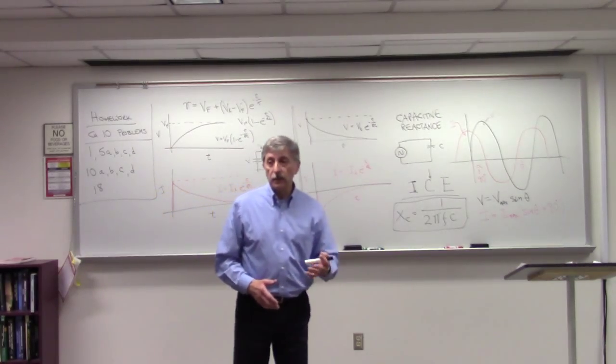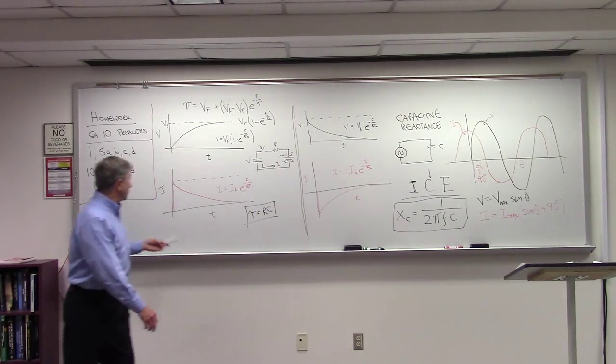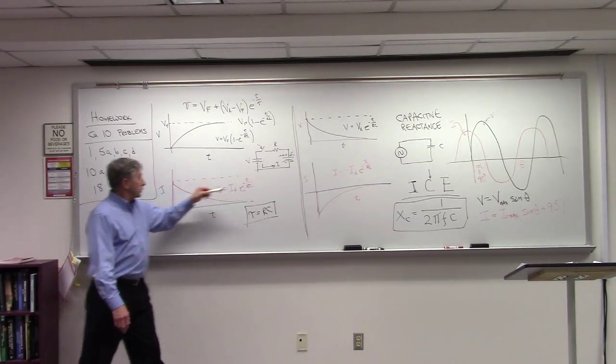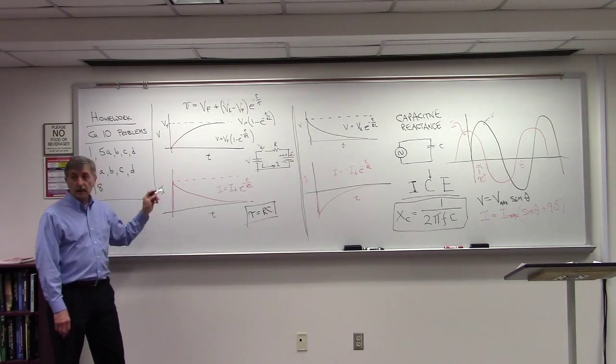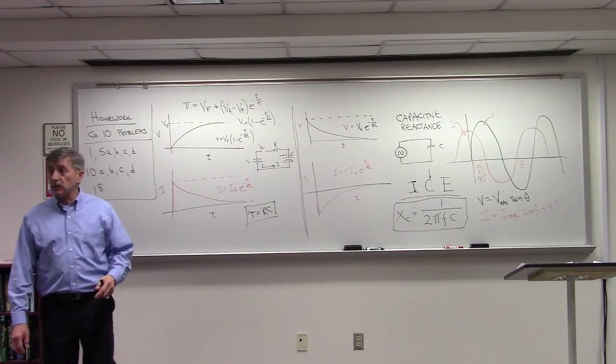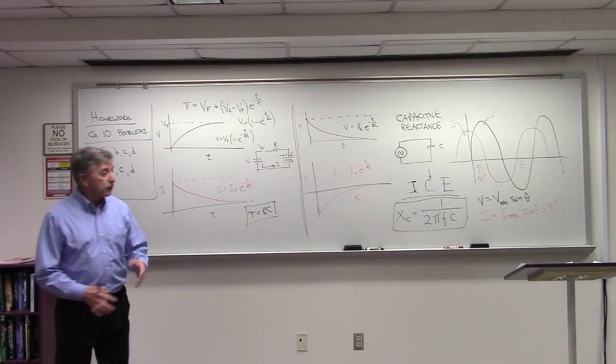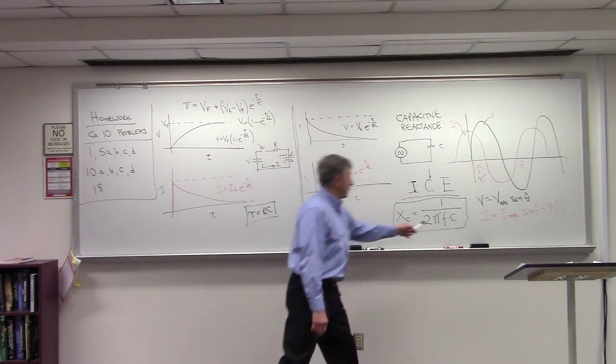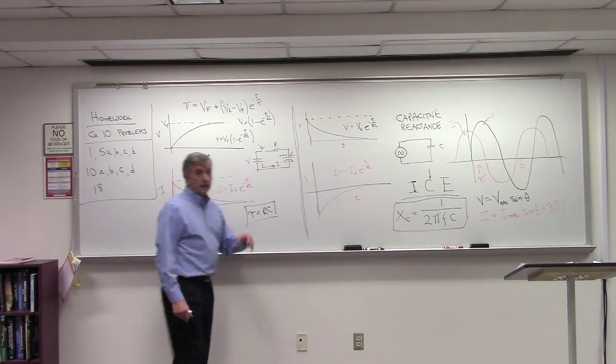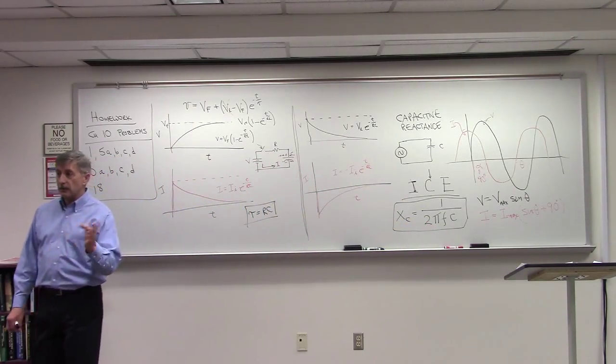Remember that as soon as you throw that switch, the current hits a maximum. Well, the higher the frequency here, think of it as a switch opening and closing, faster, faster, faster.